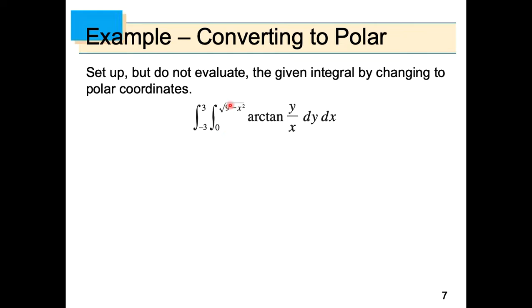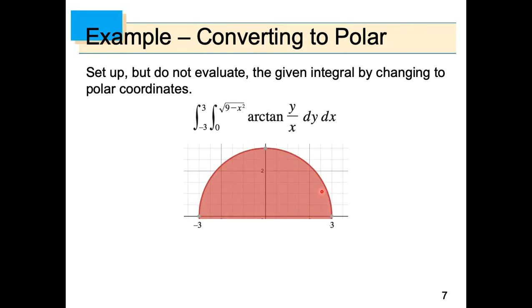So if you set both of these equal to y, you'll notice that this is the limit from 0 to the circle of radius 3. So it's a circle of radius 3, and this is going to be the top hemisphere. And then dx is going to be the outer limits here, and that goes from -3 to +3. So essentially this region is going to look like this. It's the upper half of the circle.